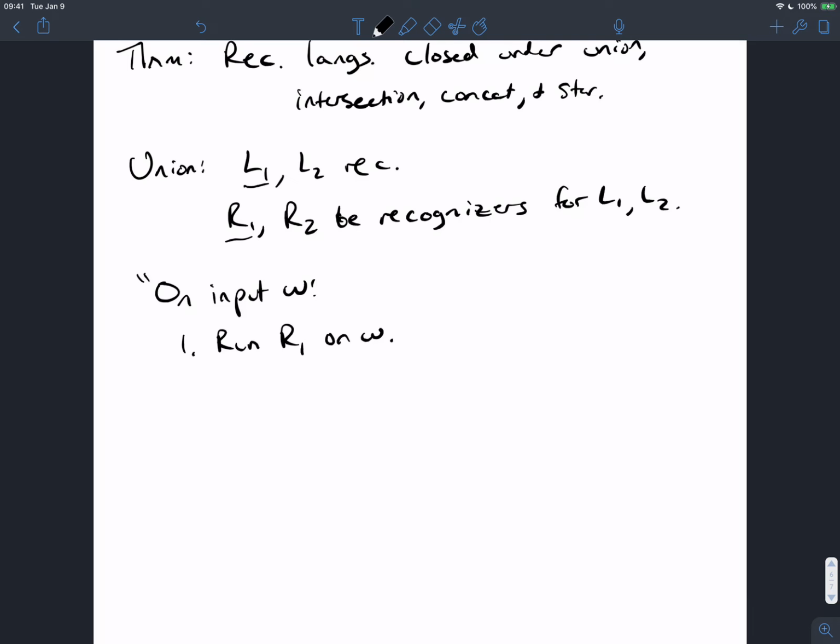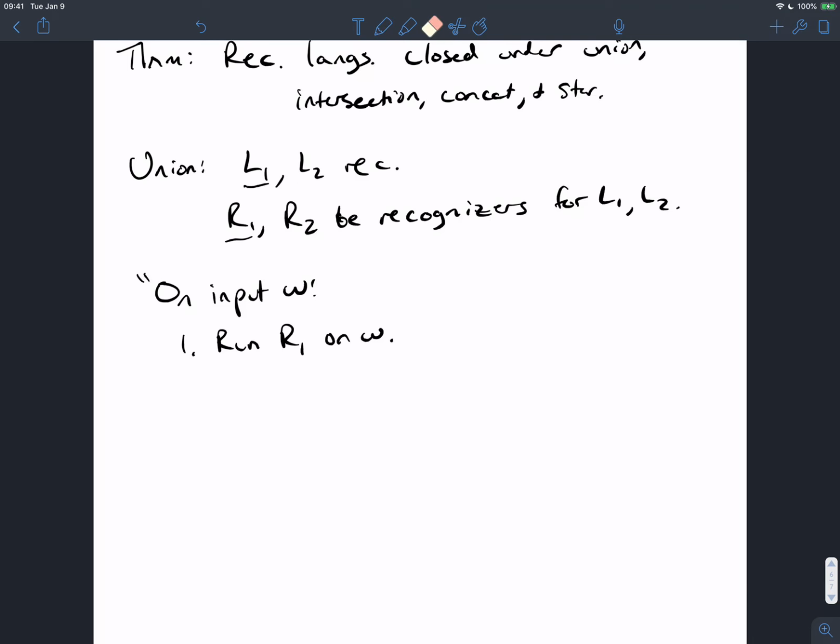Because if it's in the union, one of the two must accept, right? Can accepting a string take forever? No. So if running them in parallel runs forever, neither machine accepts it, which means it's not in the language, but I don't care about the strings not in the union. The only other case is one of them stops, but that must mean it's in the union.